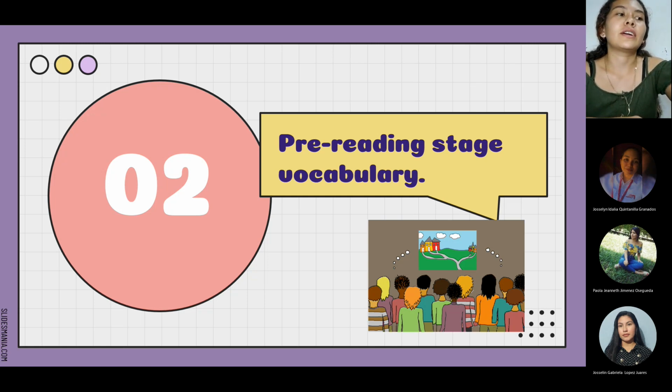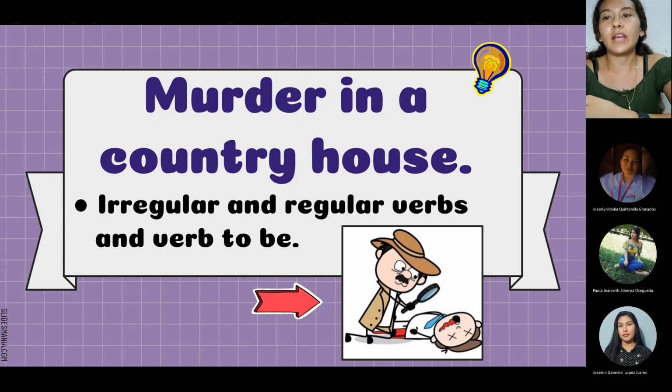Your opinions are very good, but to develop this topic, the past tense of regular and irregular verbs, we are going to talk about reading vocabulary, that is, order in a country house.